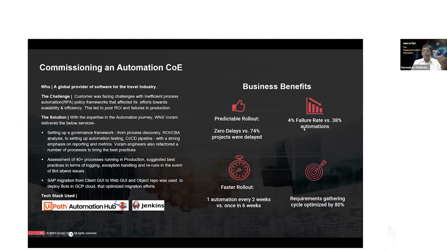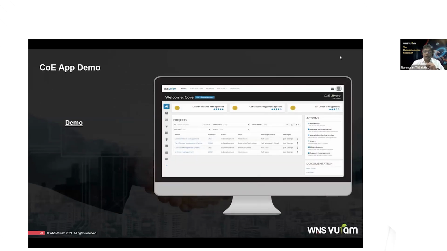And from 38% failures, we went to a 4% failure rate. This is the kind of statistics you will see, especially when you're scaling your program or bringing in a new class of developers like citizen developers. Please think about having a COE in the mix, and please arbitrate around who is going to do what, which is extremely important here.